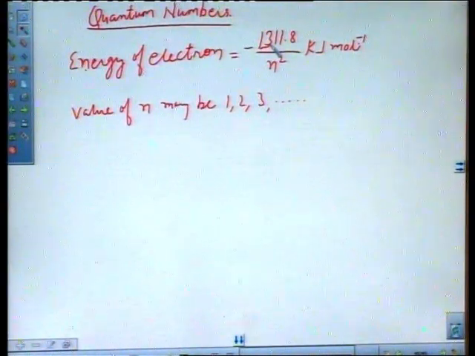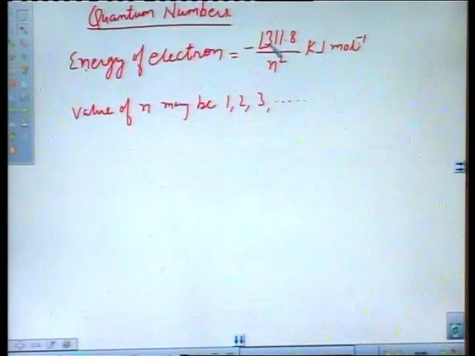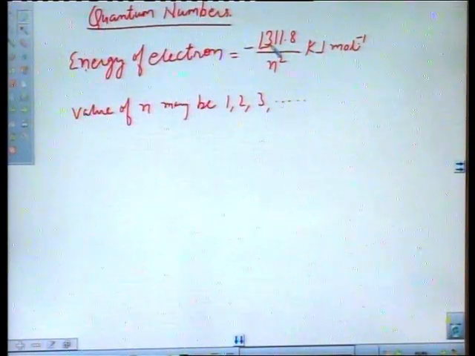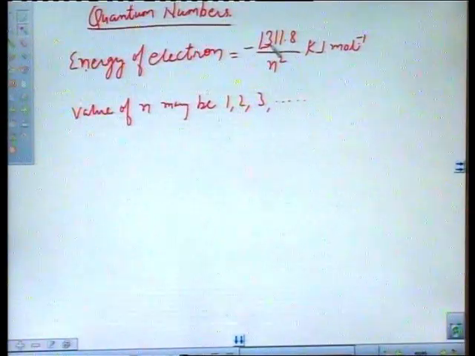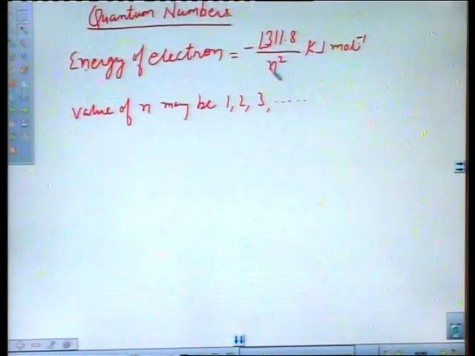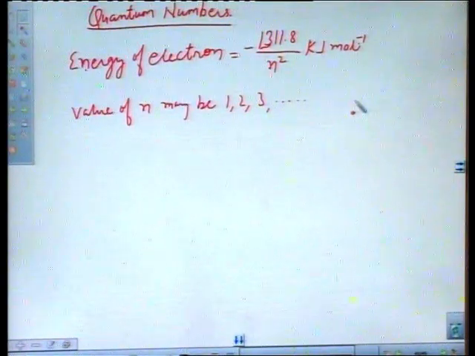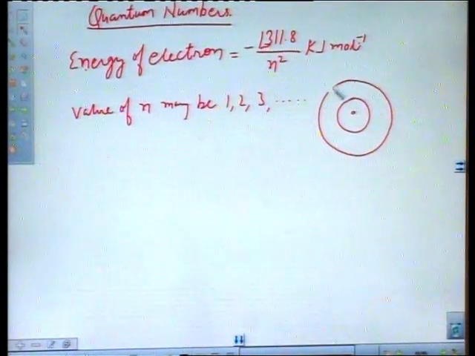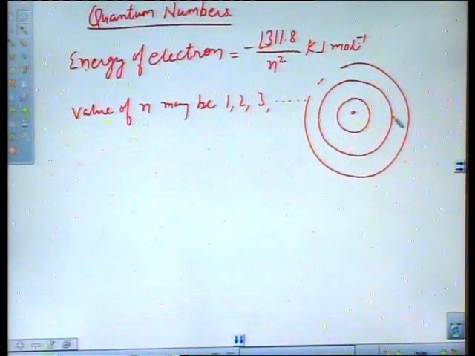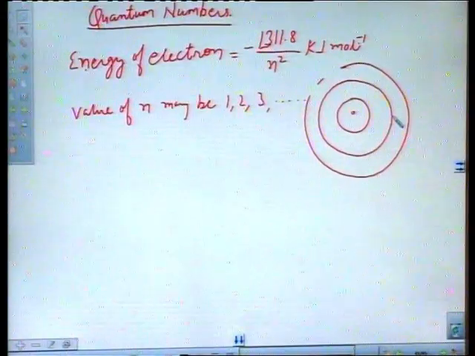When the number of shell increases, that is the value of n increases, the energy of the electron is increasing as we go outwards.